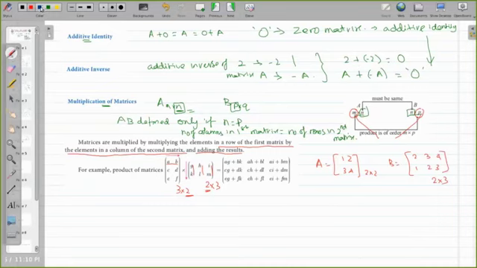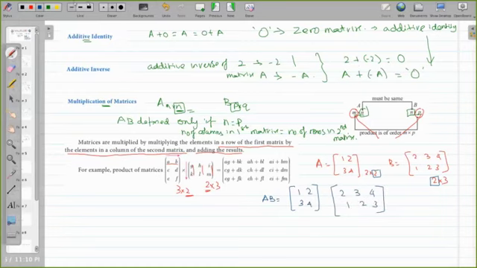How can I say multiplication is possible? See, children, the column in the first matrix, row in the second matrix, both are same. So I can multiply. So AB is nothing but, I'll be writing it is 1, 2, 3, 4, and next 2, 3, 4, 1, 2, 3.